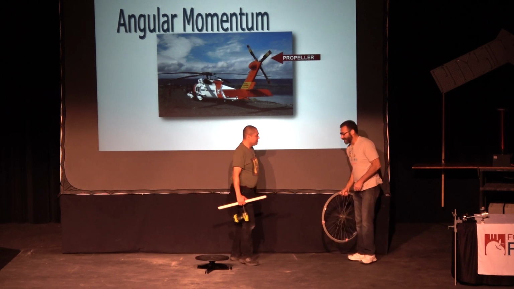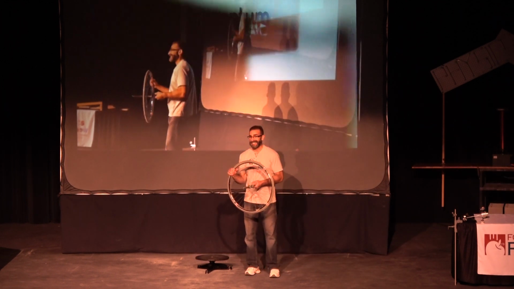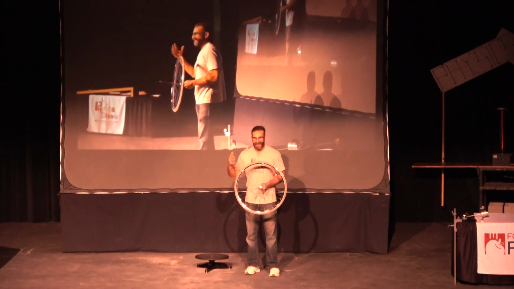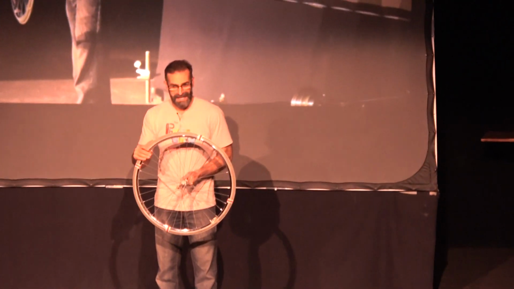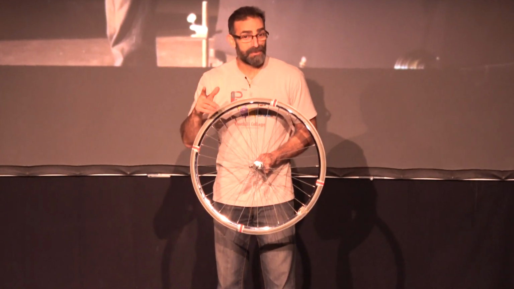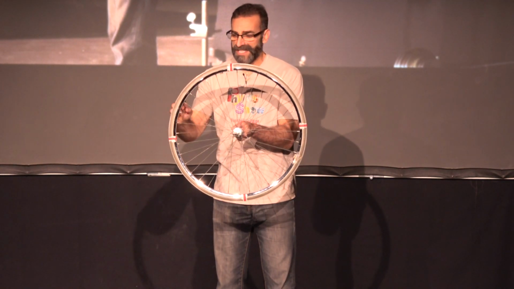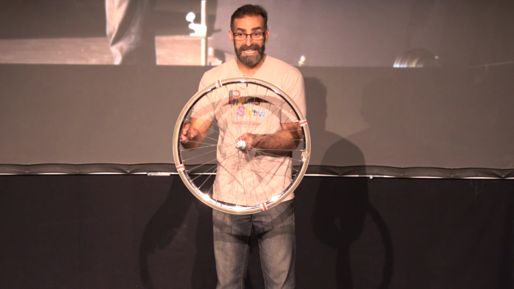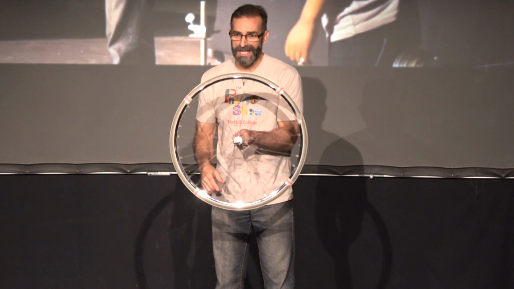Now, what we've been talking about so far is that the amount of angular momentum has to stay the same. If it's 5, it's going to stay 5. If it's 142, it's going to stay 142. But angular momentum is a special kind of quantity. It has a direction associated with it also. So if I give this wheel a spin and give it some angular momentum, you might say it's turning counterclockwise.